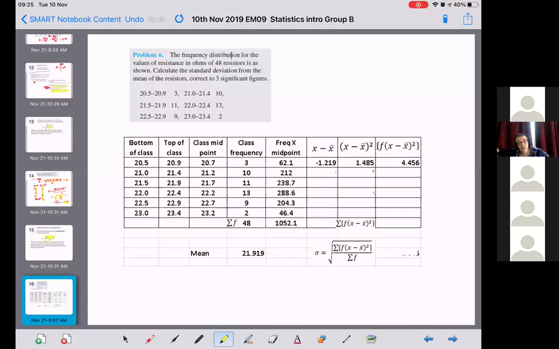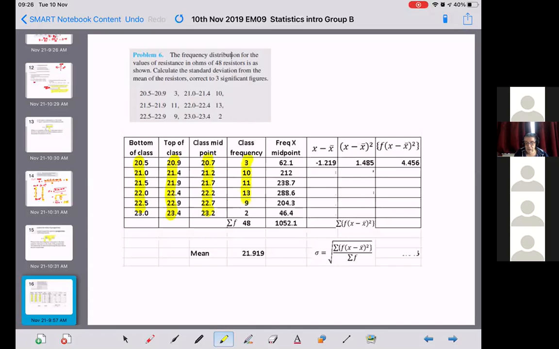Frequency, this is the resistor problem. Values in ohms of 48 resistors is as shown. This is the problem we looked at earlier, I believe. We've got bottom of class and top of class, and then we calculate the midpoints, which we did.